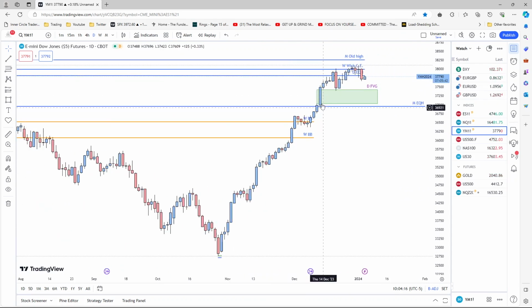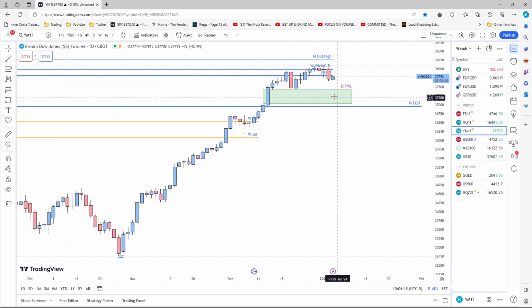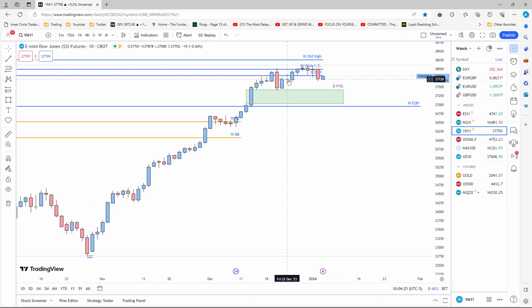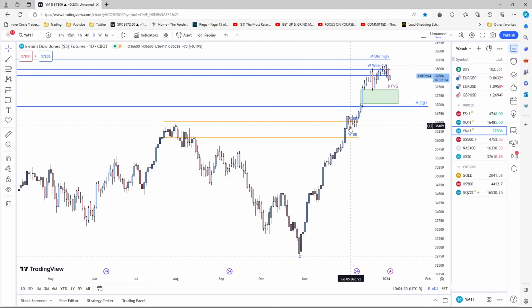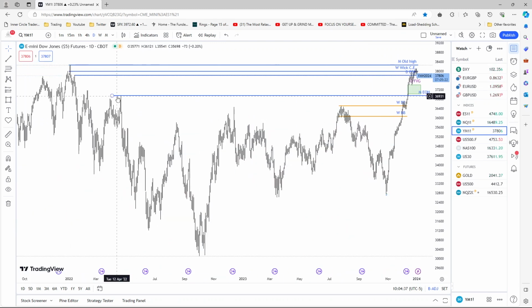We have this daily fair value gap, which on this pair you can see we didn't even trade down lower. We traded into the order block mean threshold and we reacted off of that level. And we've been trading higher for today, but really sloppy, unclean, messy price action. Monthly equal highs, which we traded over there.